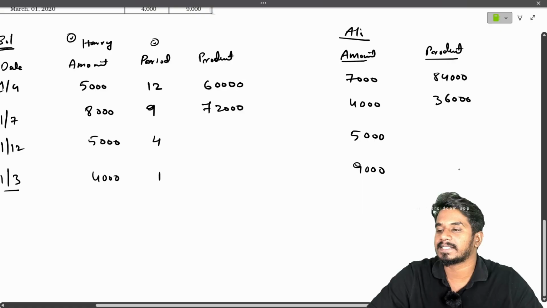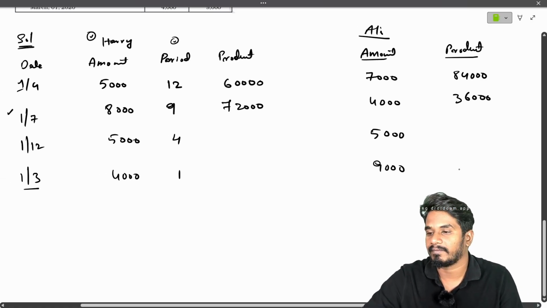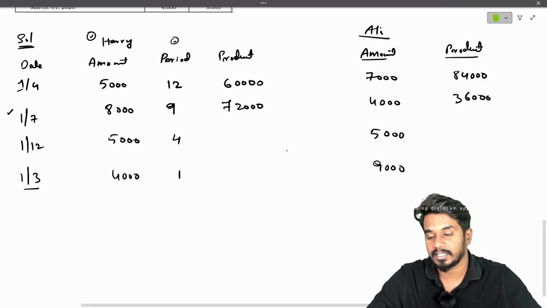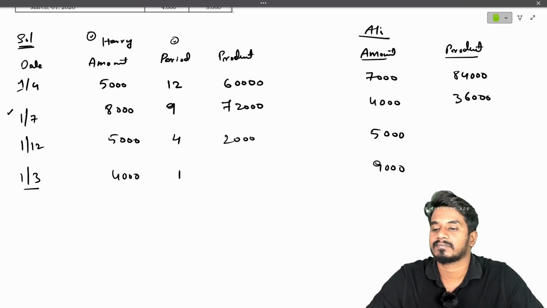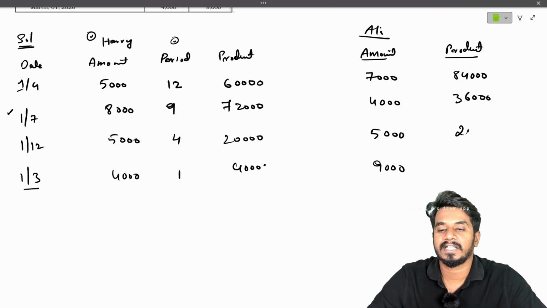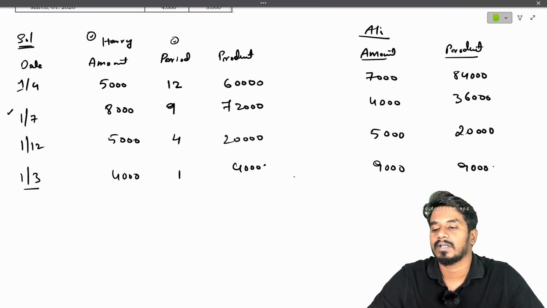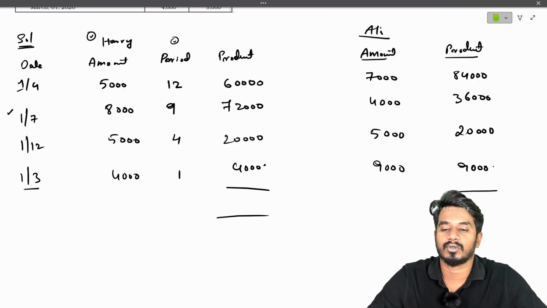I hope you are understanding this. If you have any doubt, you can ask through comment or Instagram, right? 5,000 into 4, it is 20,000, and 4,000 into 1 is 4,000, and for Ali 20,000 and 9,000.